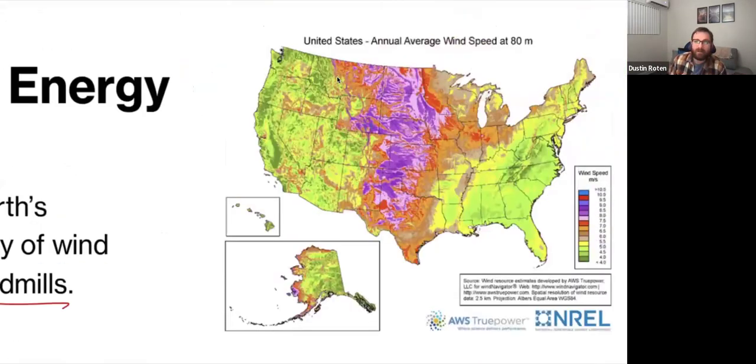And if you look up here at this figure, basically purple, orange, and red are really good places to have wind turbines. So it turns out that actually in the Midwest, there's a really big potential to have wind turbines. We could power quite a bit of the US with some strategically placed turbines there.